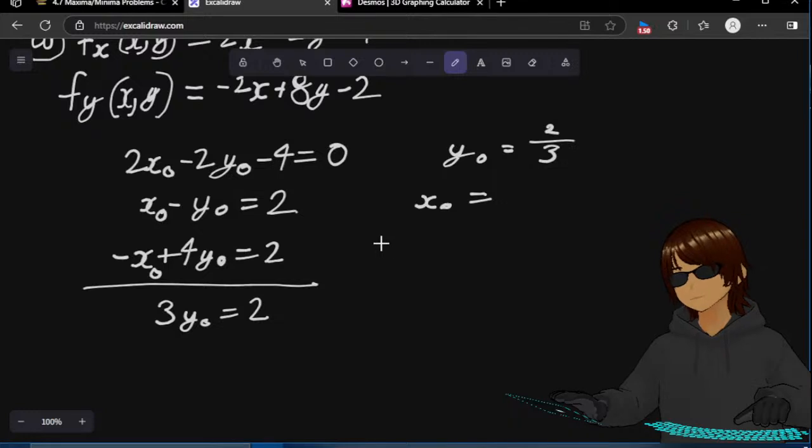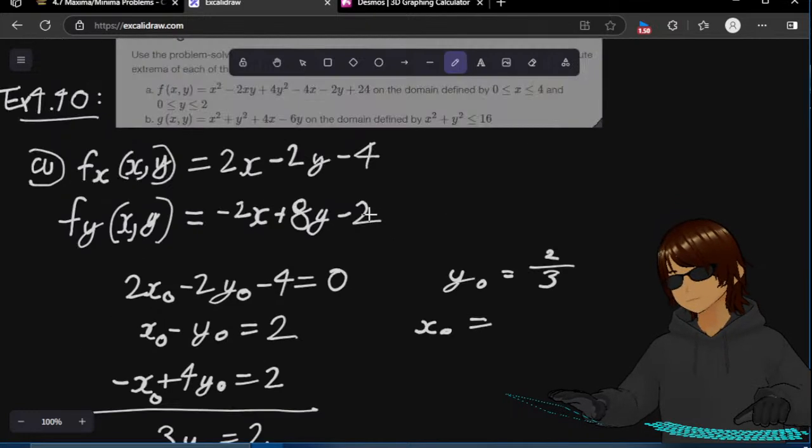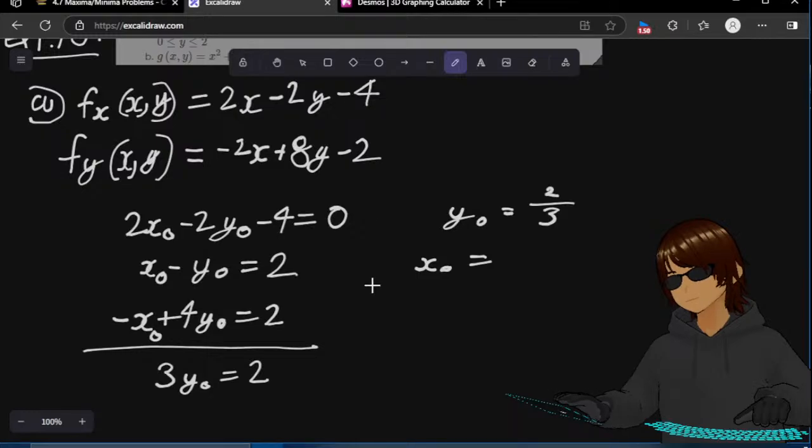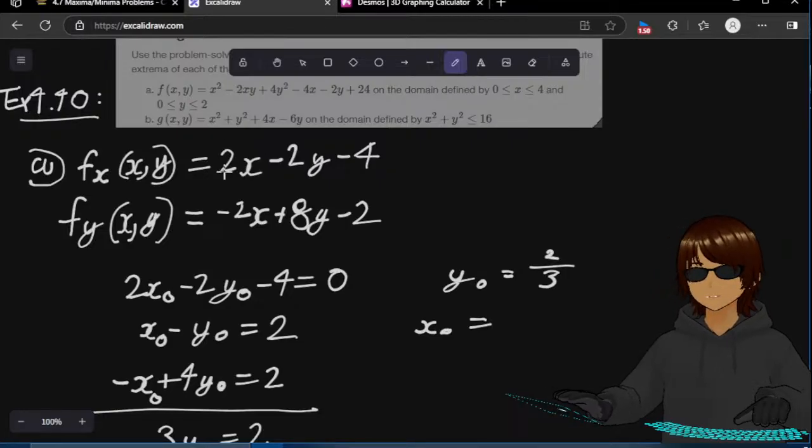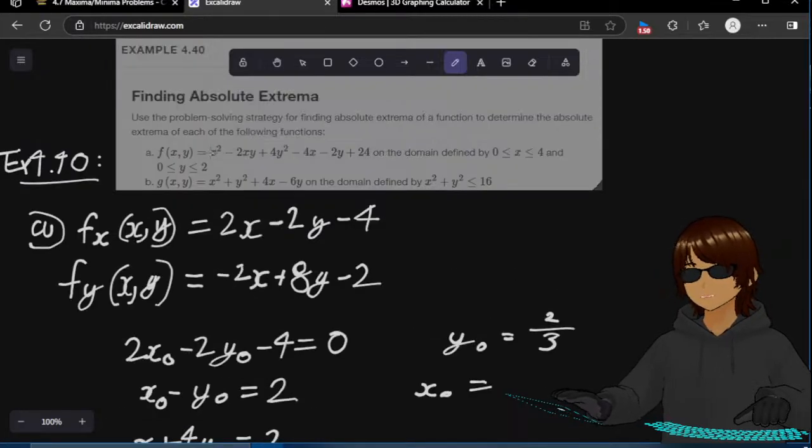Is this even correct? I feel like it should be a whole number. Hold on. 2x minus 2y minus 4.